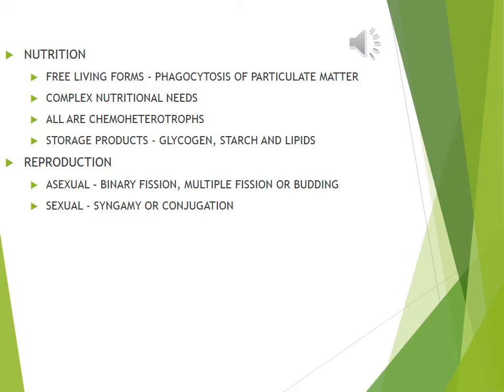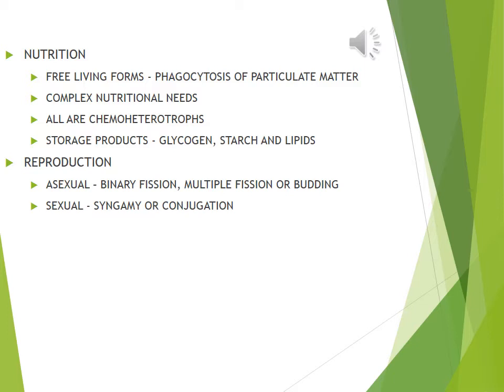Now when we talk about locomotor organs, they have three basic locomotor organs. So they are pseudopodia, flagella and cilia. So what is pseudopodia? It is a temporary projection of part of the cytoplasm which do not have a rigid pellicle. So just like your macrophage, it tries to engulf it.